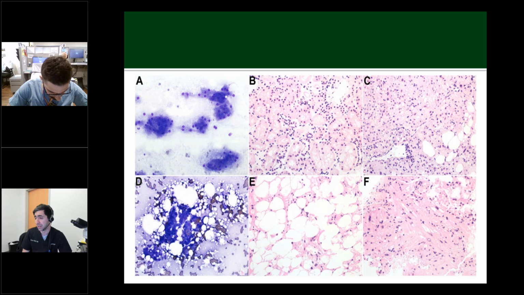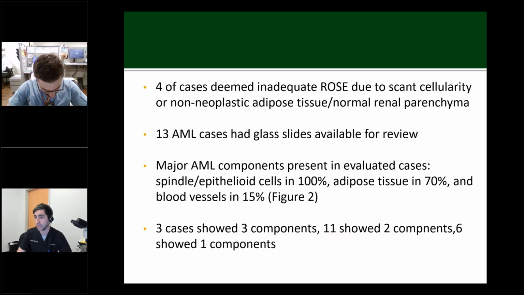But the H&E or cell blocks in E and F revealed abundant fat components of angiomyolipoma, and in part F you can see these spindle cells. Interestingly, 4 cases, as we said earlier, were deemed inadequate, with documented on-site impressions ranging from scant cellularity to non-neoplastic adipose tissue or normal renal parenchyma.